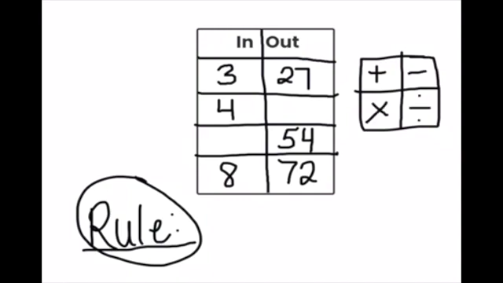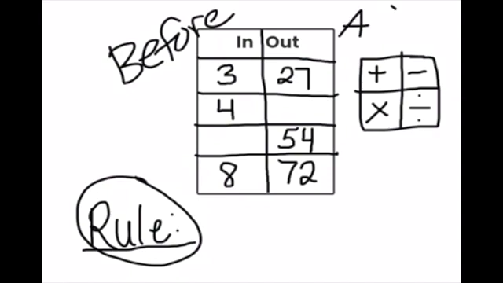Notice what's happening before we apply the rule in the input, and notice what's happening after in the output, and eliminate the ones that don't make sense. And then test out what you know and find that pattern and that rule. And then I want you to fill out the rest of the table. So please pause the video so that you can figure this out, and then resume the video when you have it all figured out and want to check your answer.